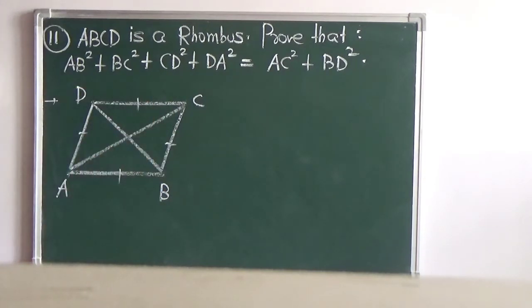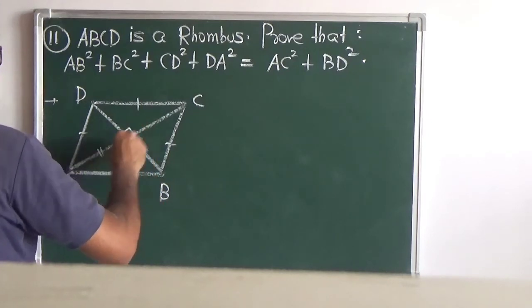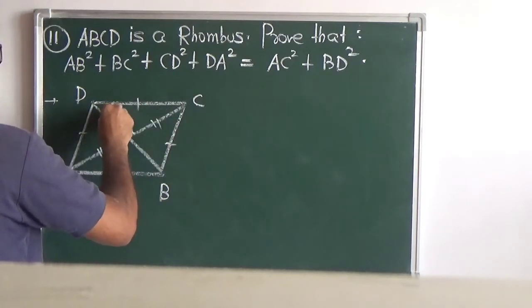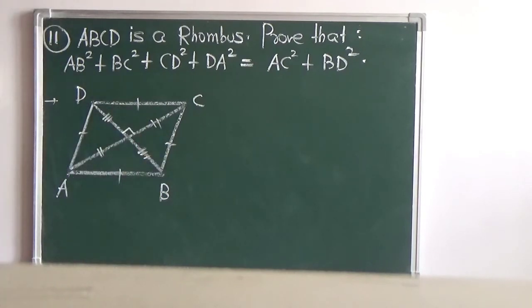And another property of a rhombus is that the diagonals of the rhombus bisect each other at right angles. So this is a right angle. This part and this part are equal, this part and this part are equal. If you mark the intersection as O, then angle AOB equals angle BOC equals angle COD equals angle DOA, and all are right angles.